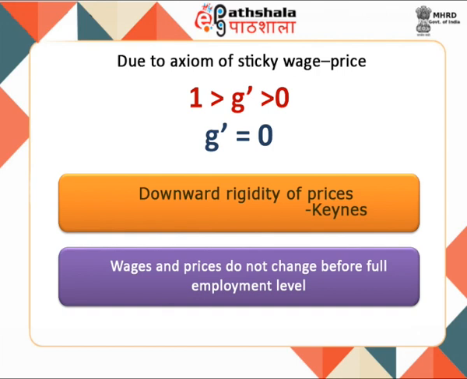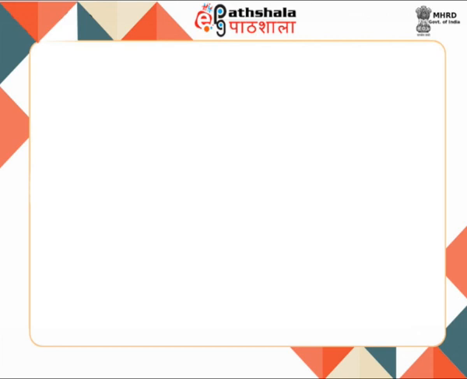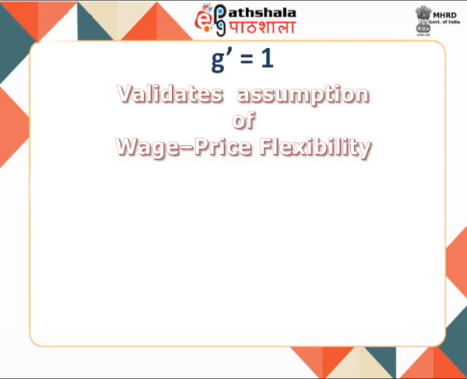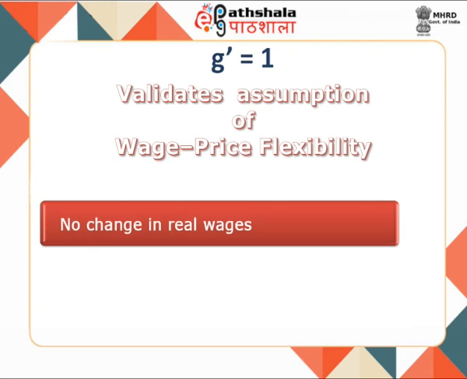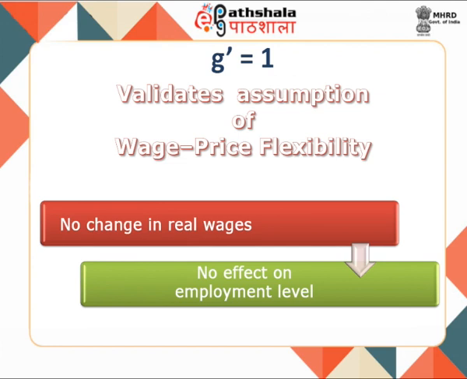As there is no expectation of change in price level, therefore G dash is equal to 0. In an extreme case, when G dash is equal to 1, then it validates the assumption of wage price flexibility as held by classical economists. In such a case, there will be no change in real wages, and as a consequence, there will be no effect on employment level due to inflation.